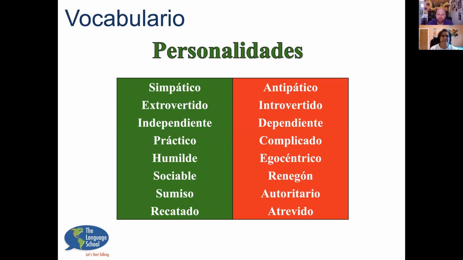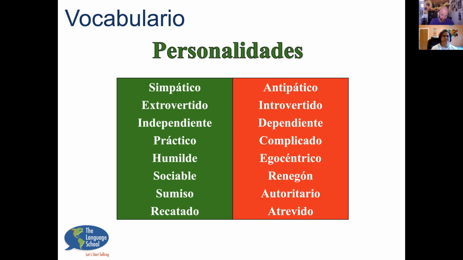Sociable is sociable versus renegón, which is like antisocial or grumpy. Sumiso means submissive versus autoritario is very bossy. And then recatado is like saying reserved versus atrevido is somebody that's very bold or daring.